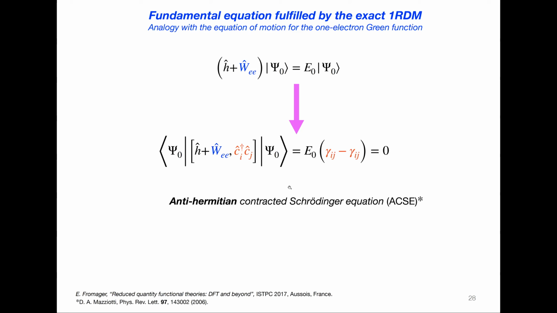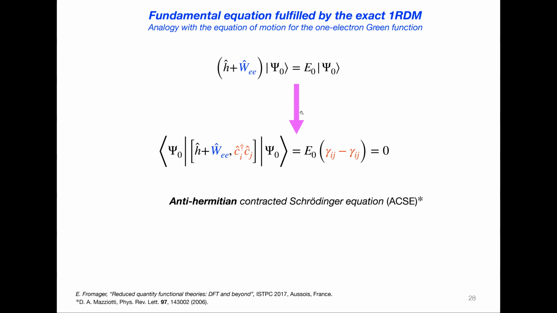So what is that? Well, you start from the Schrödinger equation, basically. And what you do is you calculate the commutator of your Hamiltonian with a single excitation type of operator. The idea is you're trying to find a fundamental, exact equation that is fulfilled by your 1-electron reduced density matrix. For those who are familiar with Green function theory, this is very similar to the equation of motion for the 1-electron Green function.